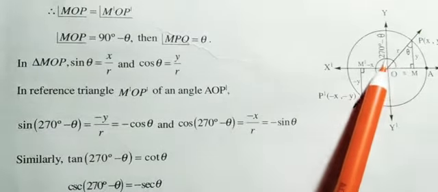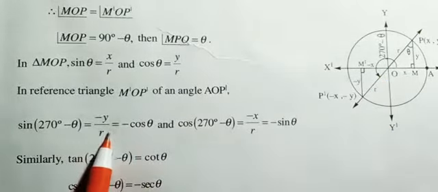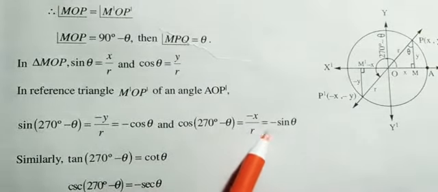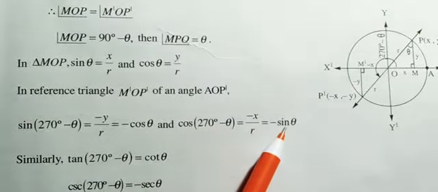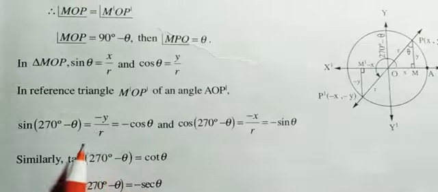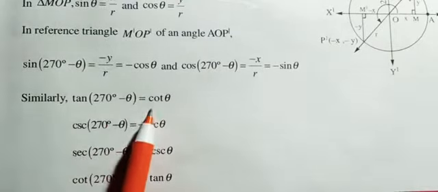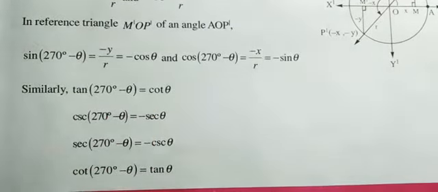With reference to this angle we are getting sin 270 minus theta equal to minus y by r, that is minus cos theta, and cos 270 minus theta is equal to minus x by r, that is minus sin theta. Similarly tan 270 minus theta is equal to cot theta, and following this we are getting the other values.